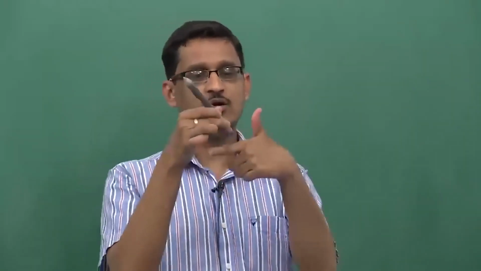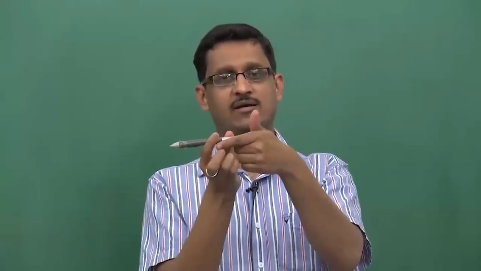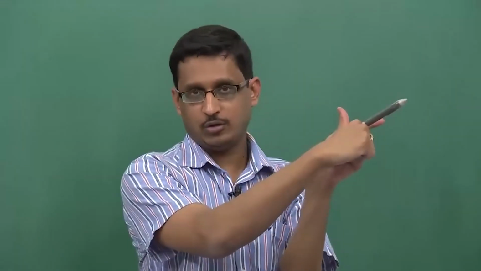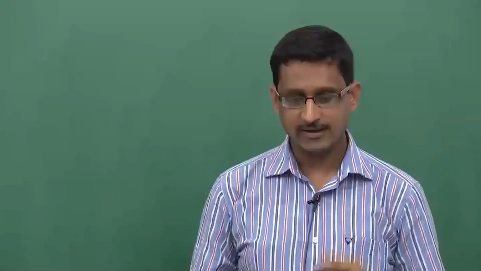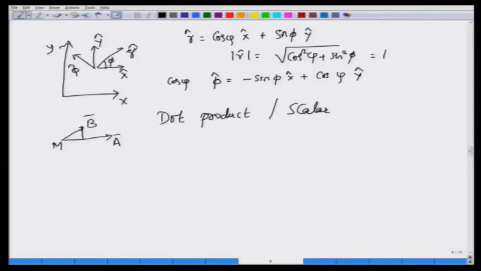In a general scenario, I have this vector and a vector A, and you now take a perpendicular and drop it over here, and you are going to get the length of the vector B along vector A. That is, I drop down a perpendicular from B to A, and this length that I have is called the dot product of the two vectors A and B, and this is indicated by A dot B. There is actually a dot here, sometimes it is very difficult to find the dot, so please look for the dot here. There is a dot between the two vectors A and B, and the result of the dot product will always be a scalar, because it is only giving me the length.